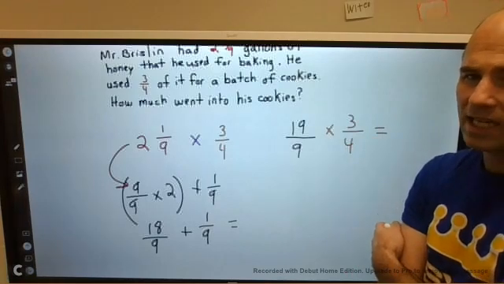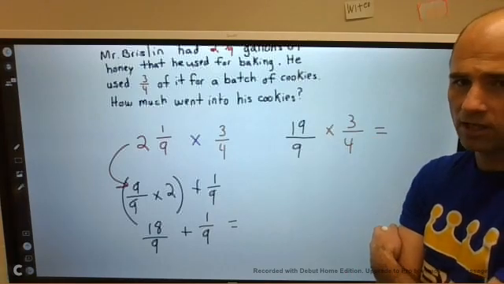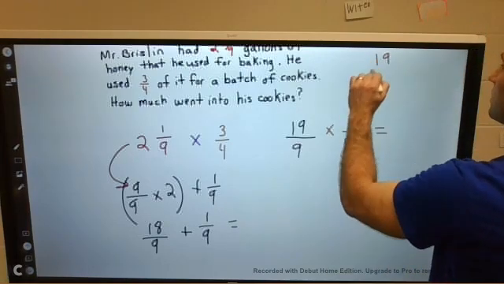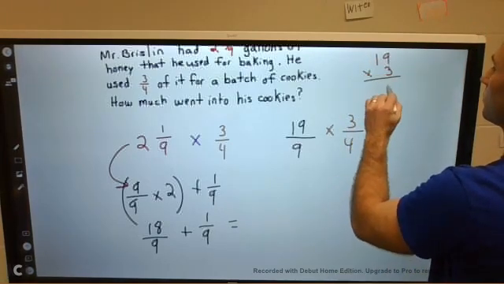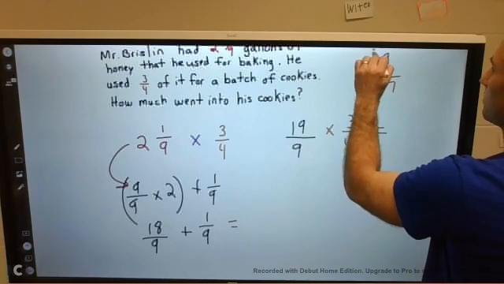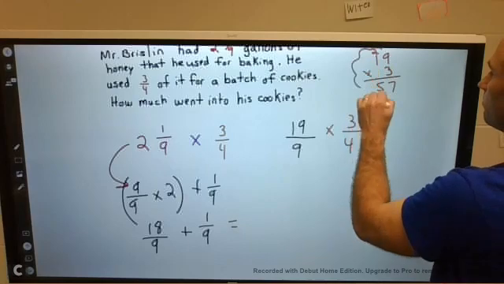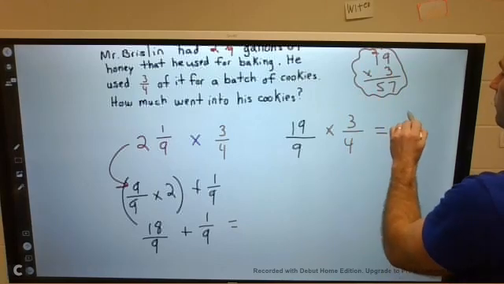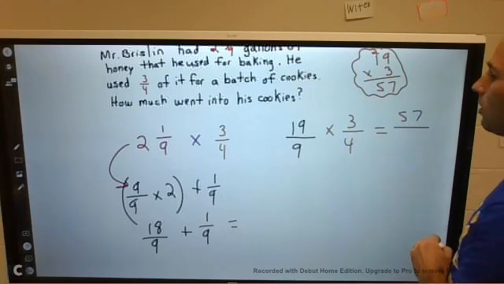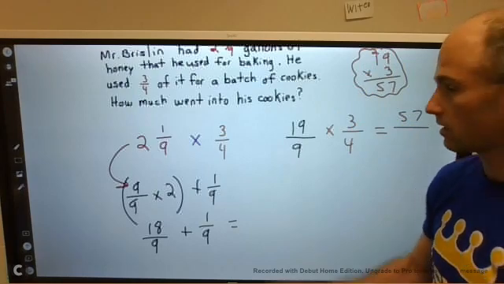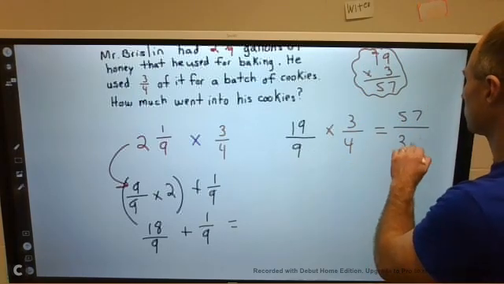Well, what is 19 times 3? Can you do that in your head? I know I can. So 19 times 3 equals 57. 57 all over 36. 9 times 4 equals 36.